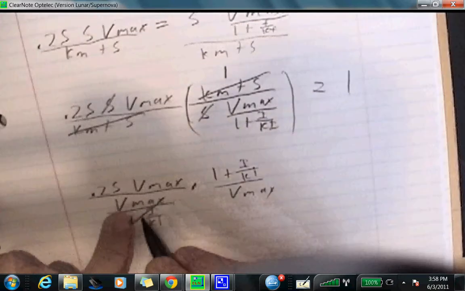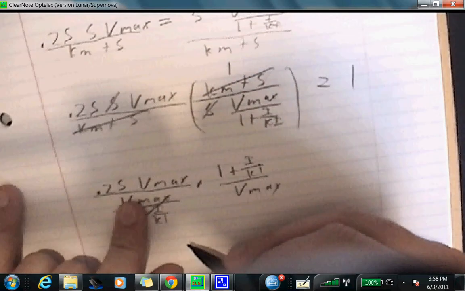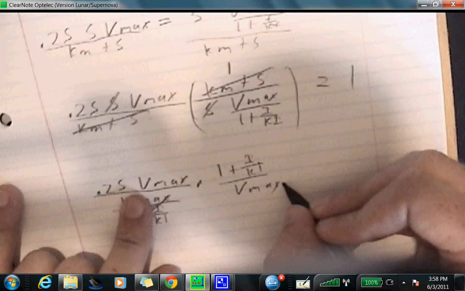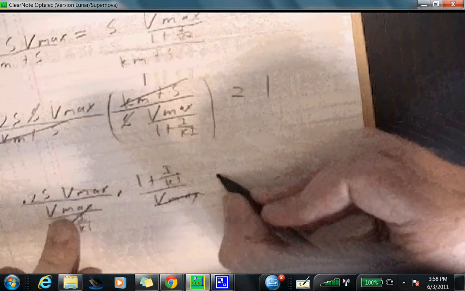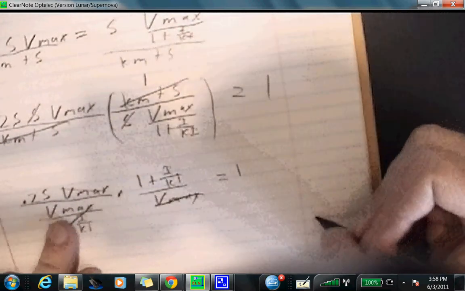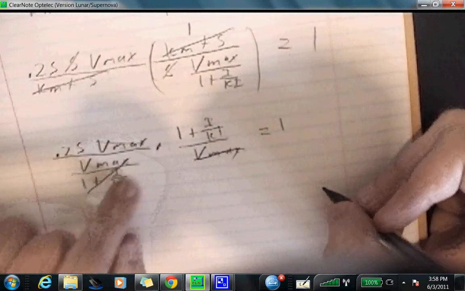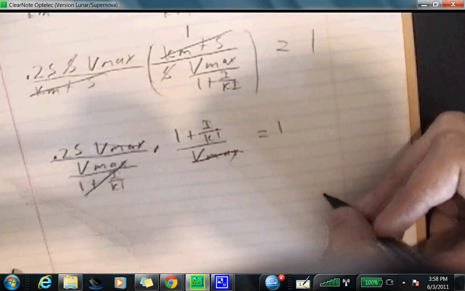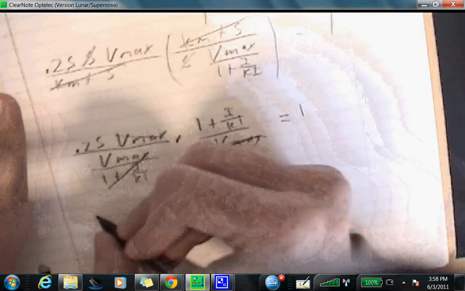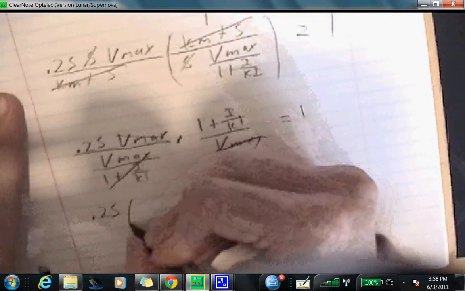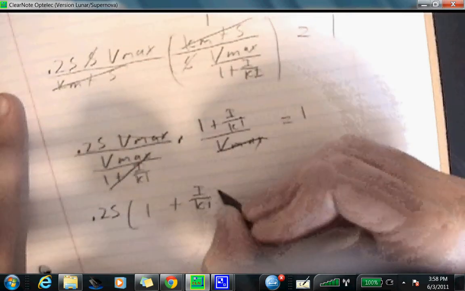All I did is divide and change it into multiplication. So now these Vmaxes cancel out. And I'm sorry, we still have this equals 1. Okay. So now what we have is 0.25 times 1 plus I over Ki.